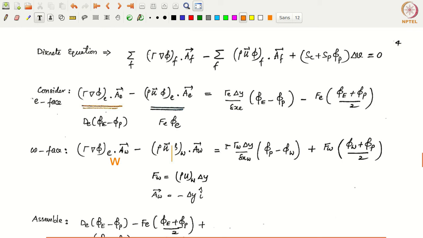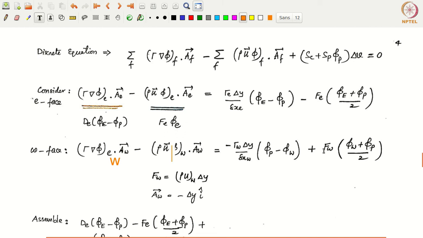That would be equal to minus gamma w delta y by delta x w times grad phi. Why minus? Because Aw bar would be minus delta y i cap. Partial x on the west face would be phi P minus phi W by delta x w. And here also Aw would be minus delta y i cap, so that minus and this minus would make it a plus.